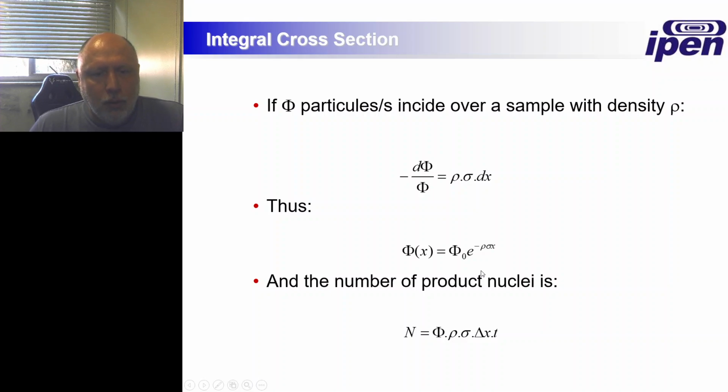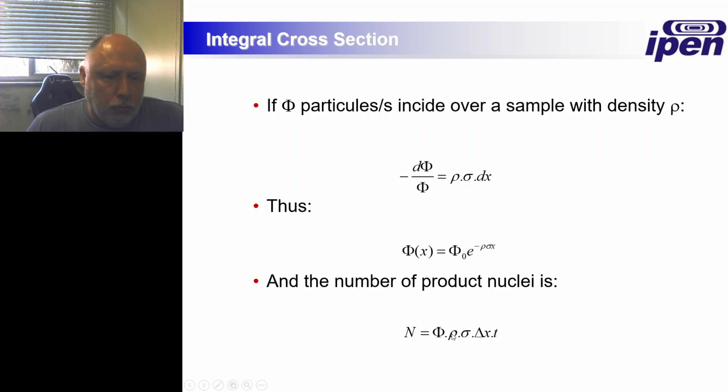This equation. And essentially, the number of product nuclei, if we remember we had a reaction, we want to see how many nuclei of the product were left in the sample after irradiation, and it will be given by the flux, of course, because if we double the number of particles we send in, we will have double the reactions, right?